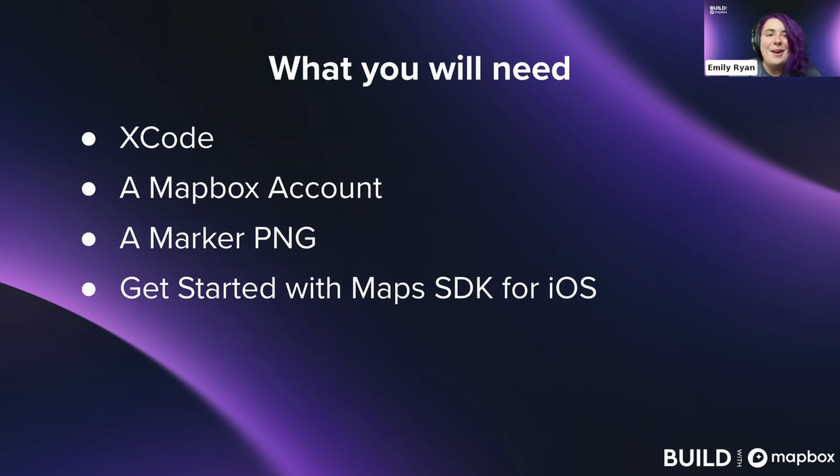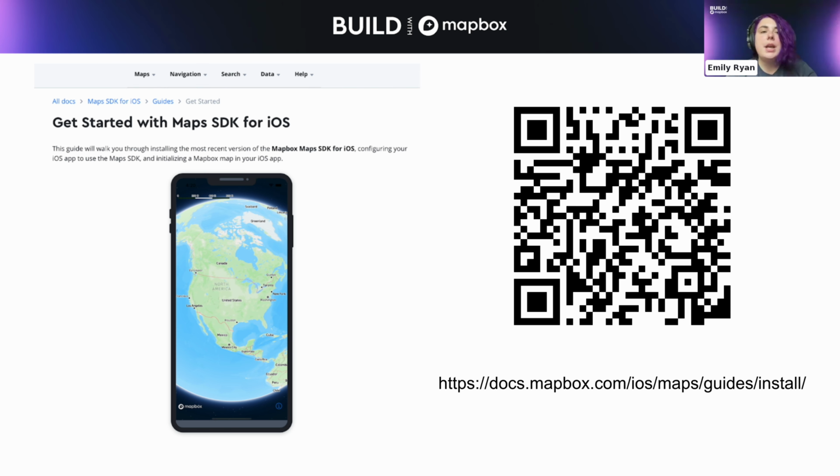But yeah, if you want to follow along with this presentation, because I'm going to walk through pretty slowly with certain aspects, you'll just need Xcode, a Mapbox account, a marker PNG, and then you'll also need the Getting Started with Maps SDK for iOS tutorial, which, if you need the QR code or to type in the URL, here is a copy right here.